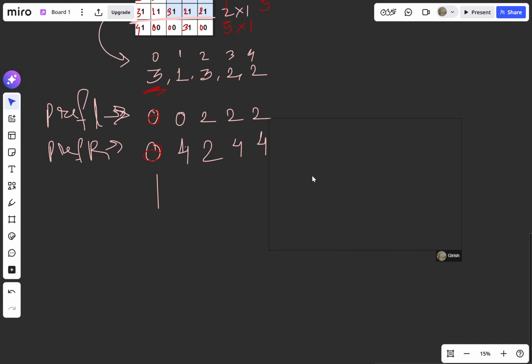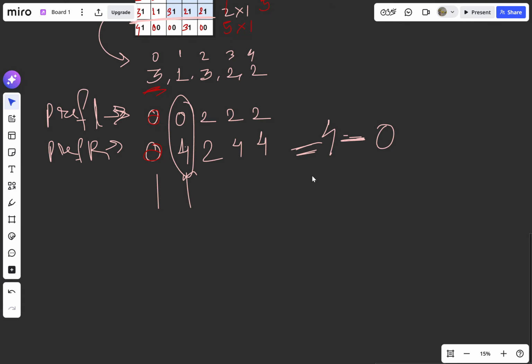Now after this we will try it for this index. The index number 1, so here we have 0 and 4, up till the 4. So we will get to know the length, the number of blocks, which have the minimum height of 1.